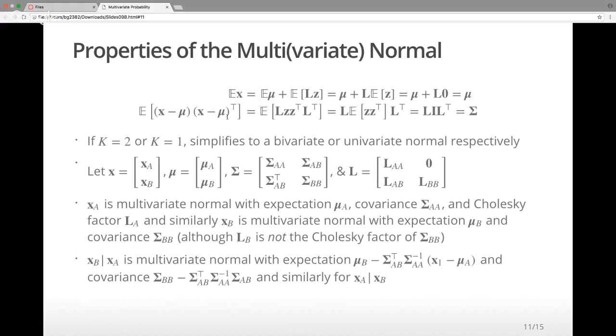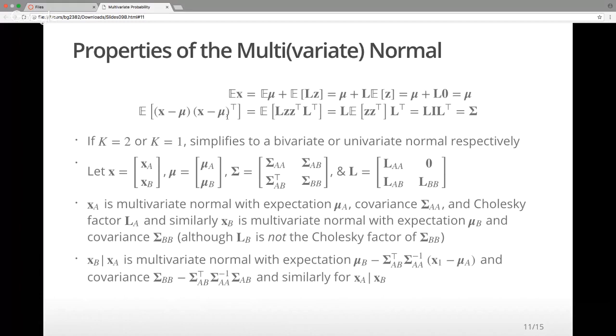So along the diagonal of this, we have Z squared. And the expectation of Z squared, if Z is standard normal, is 1. Consequently, this matrix inside here is the identity matrix. L times the identity matrix times L transpose is just L times L transpose, or sigma.